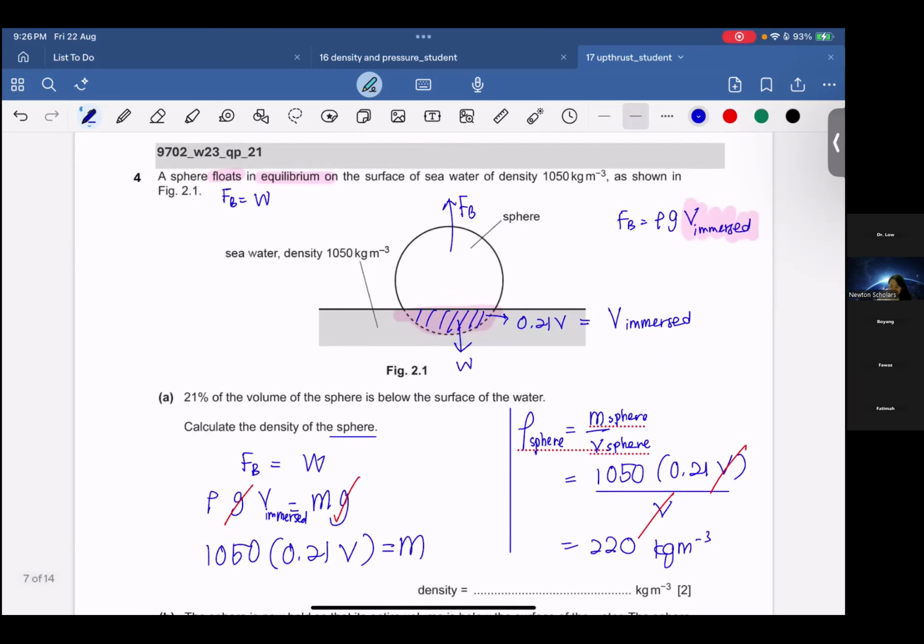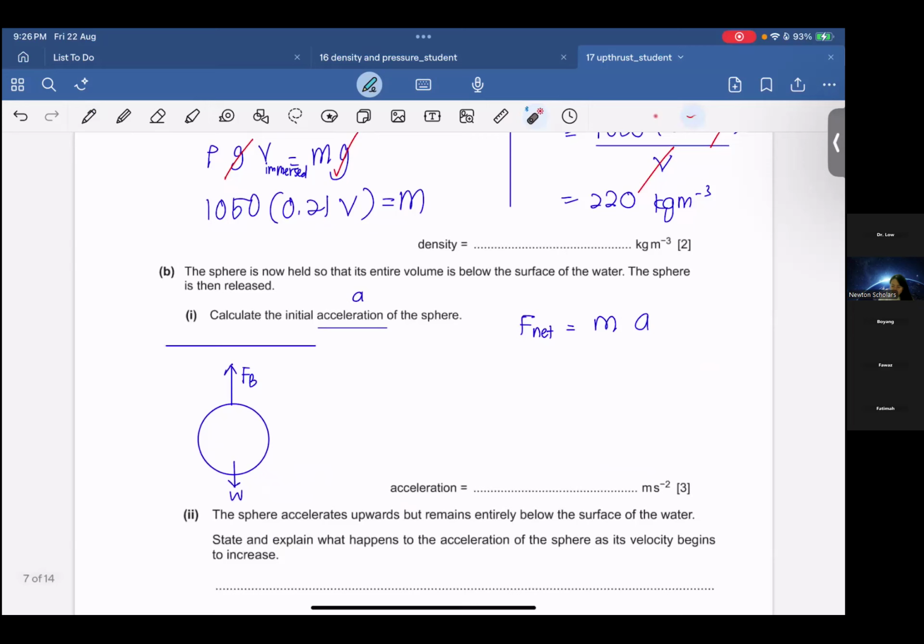Just now, we only immersed this part. Just now I told you that if we continue going down, we immerse more of it, which means the buoyant force will increase. So here the buoyant force is rho GV, and the V here is the whole part already, the whole volume.